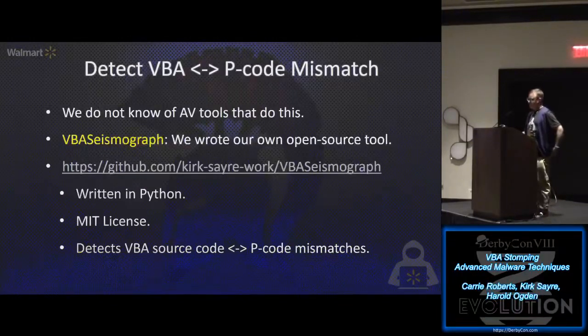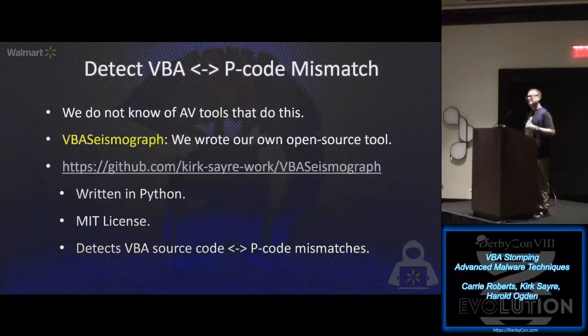What VBA Seismograph does is look through the P code, pull out all of the defined functions, function names, and variable names, and check: do these show up in the VBA source code? It looks for all of the string literals that are defined in the P code. Do those show up in the VBA source code?